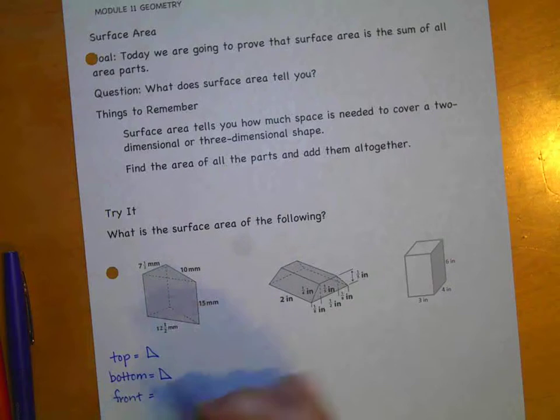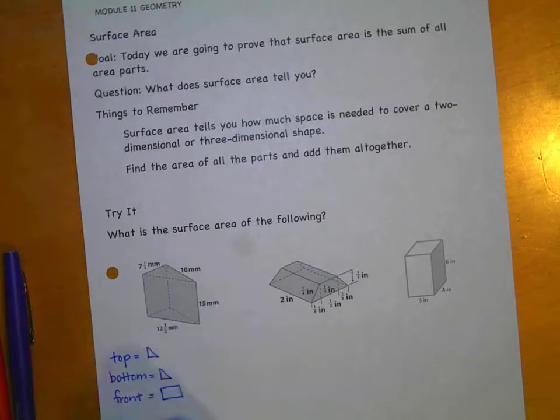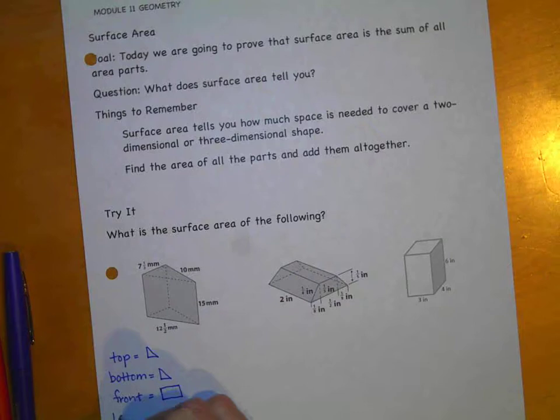It actually is in the shape of a rectangle, so I'm going to draw a rectangle. And then I have the back side that's on the left and the back side that's on the right. So I'm going to say the left side, that's an L, and it's in the shape of a rectangle. And then the right side, which is also in the shape of a rectangle.